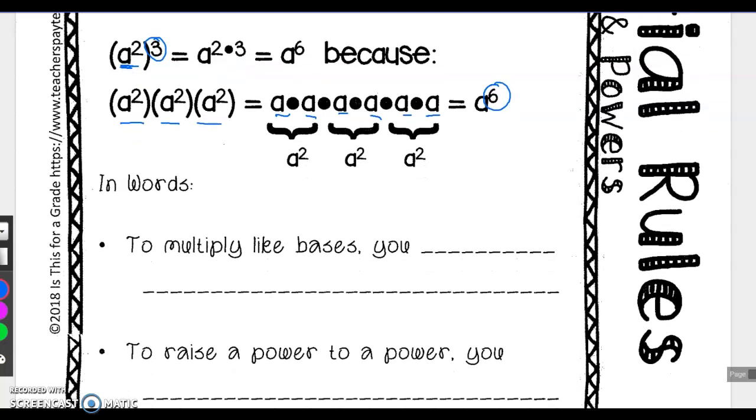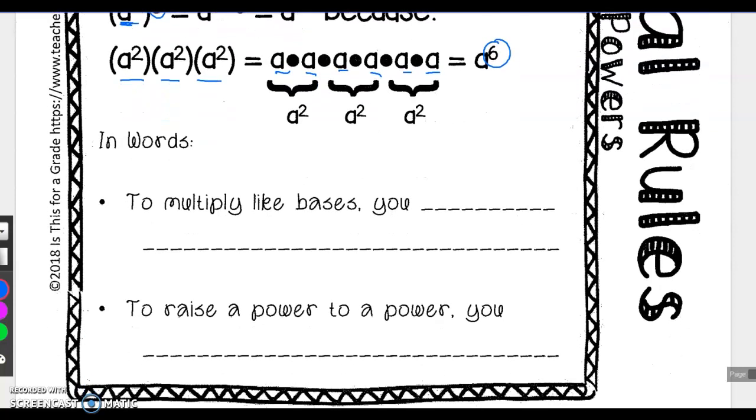To multiply like bases, add the exponents. To raise a power to a power, we multiply the exponents.